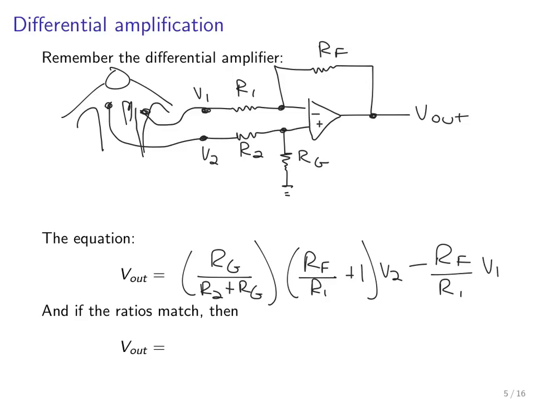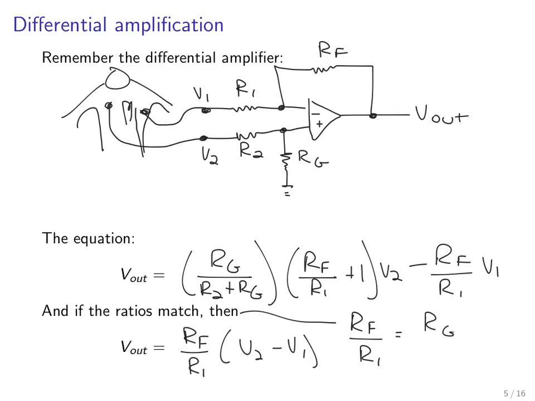As we saw in a previous lecture, if the resistor ratios match, then this can be simplified considerably to Rf over R1 times V2 minus V1. Specifically, if they match, then Rf over R1 is equal to Rg over R2.